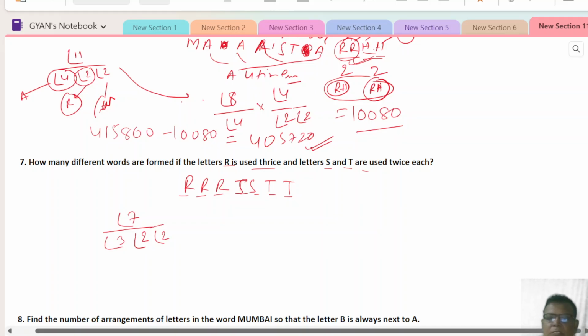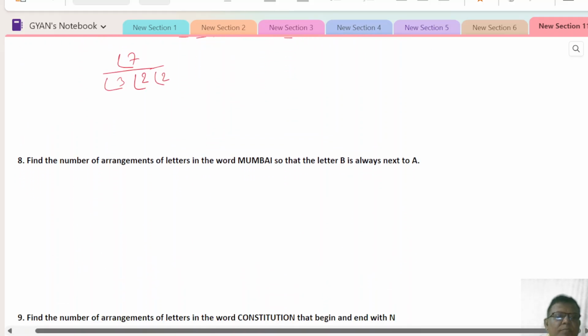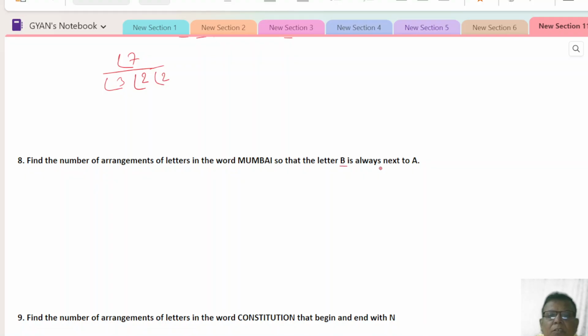Now come to question number 8. Find the number of arrangements for Mumbai so that letter B is always next to A. So how many? 1, 2, 3, 4, 5, 6.